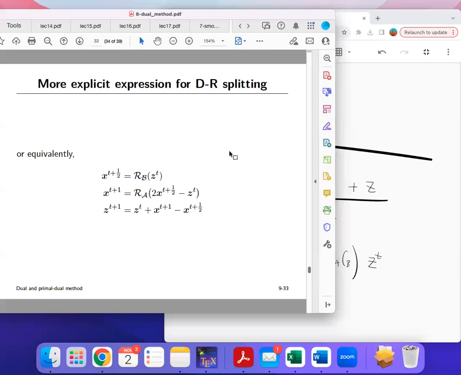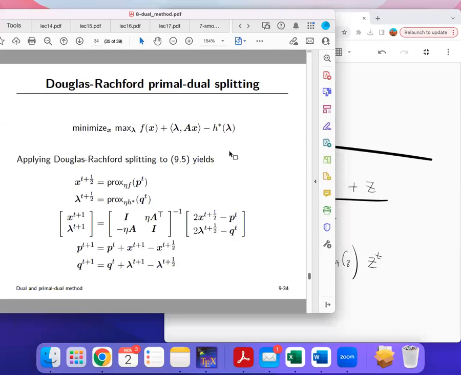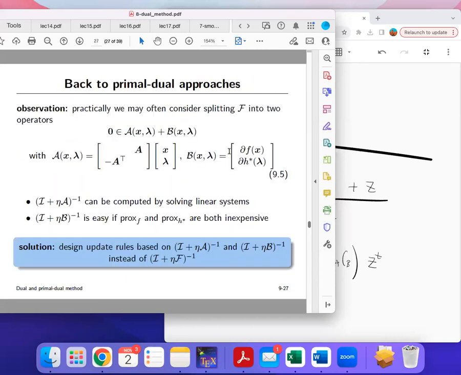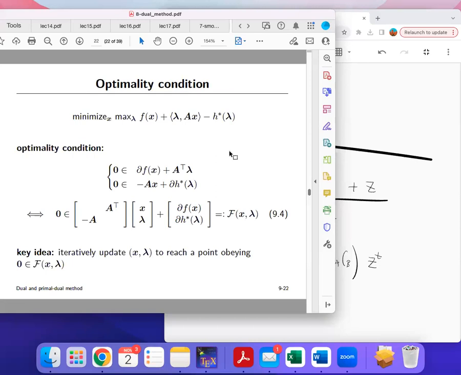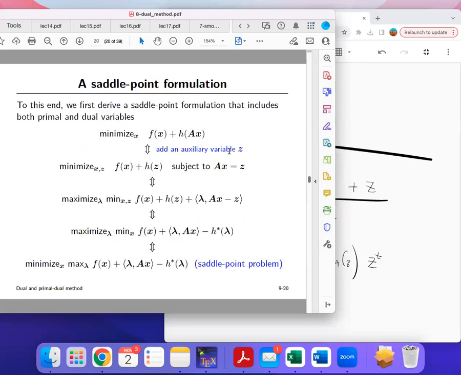Okay, and finally, we can go back to our original problem, the saddle point problem. Just to recall this problem formulation, we start from this minimization problem, and we come up with this saddle point formulation.